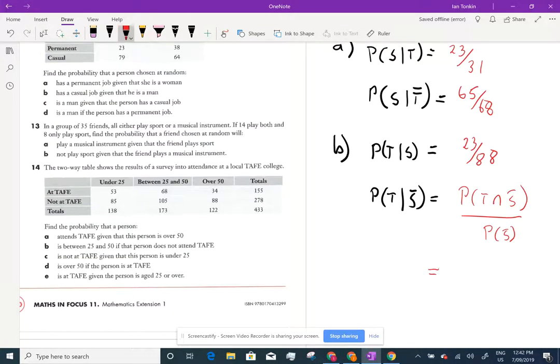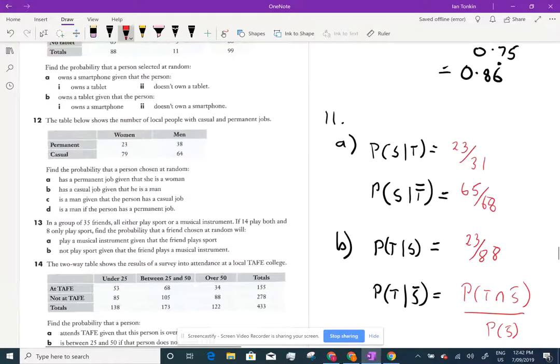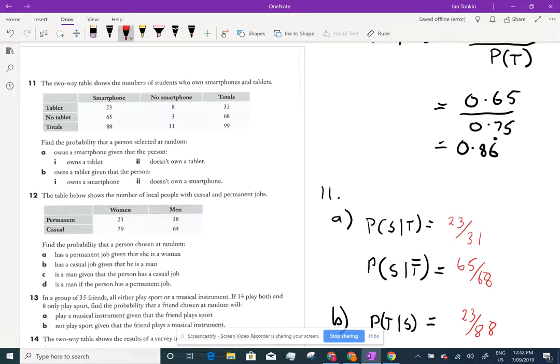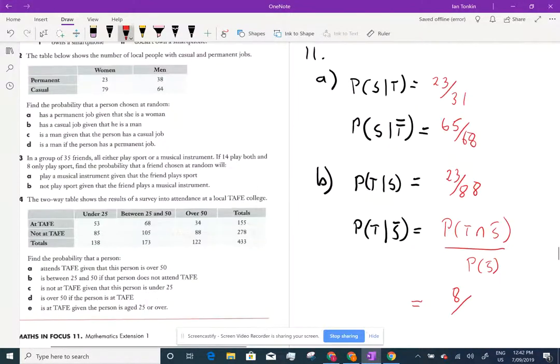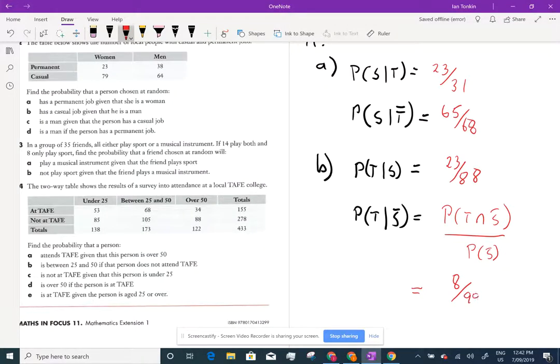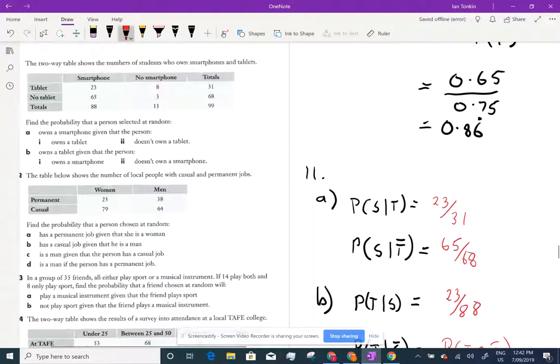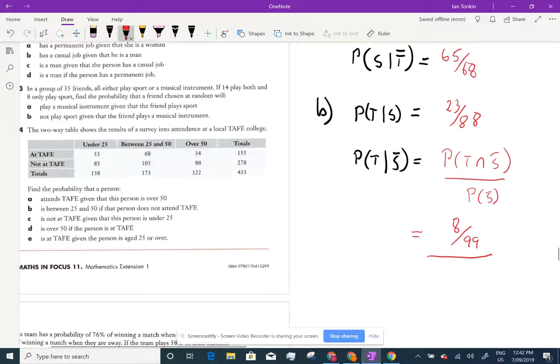Well, how many people own a tablet and not a smartphone? That's 8. How many people are there altogether? 99. What's the probability that someone does not own a smartphone? Well, that's 11. How many people are there? 99.